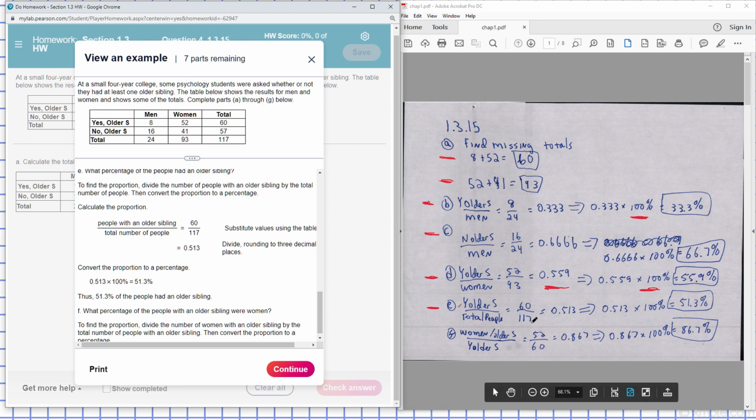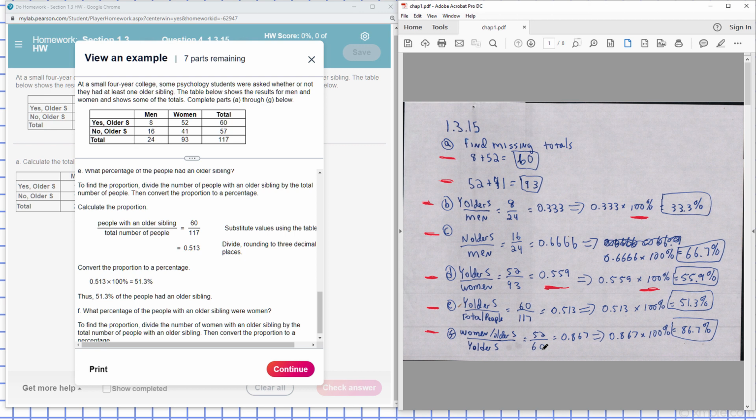So in this case, our base is people with an older sibling, that's 60. And how many were women? 52. So a fraction of 52 over 60, parts to the whole. Give me the decimal form there, a ratio, and multiply that by 100%. Okay, you end up with 86.7%.